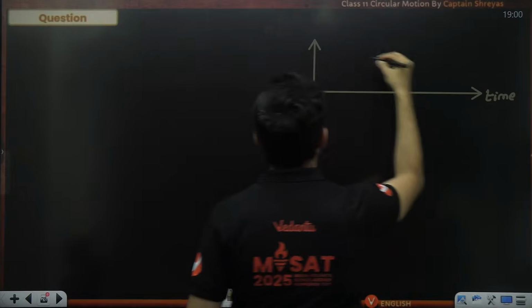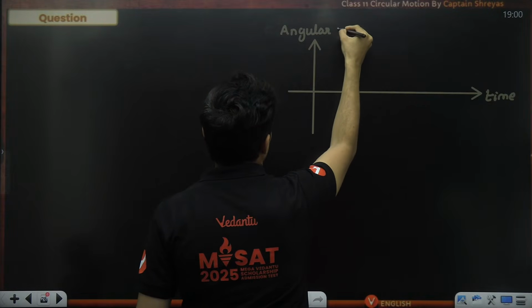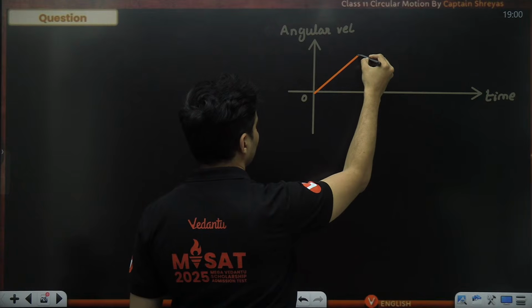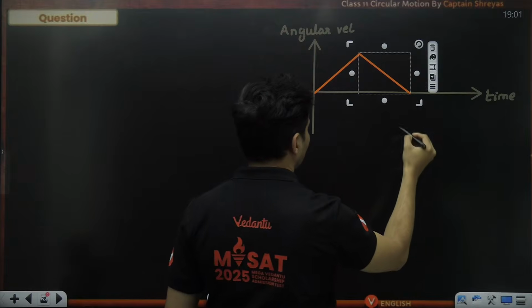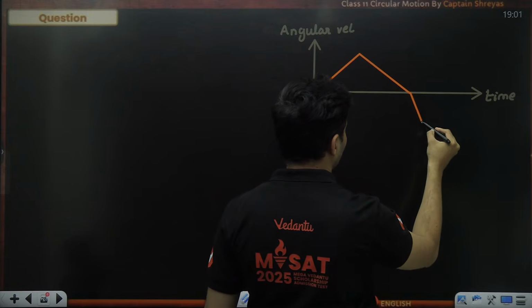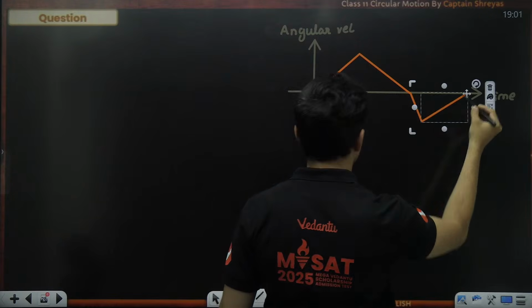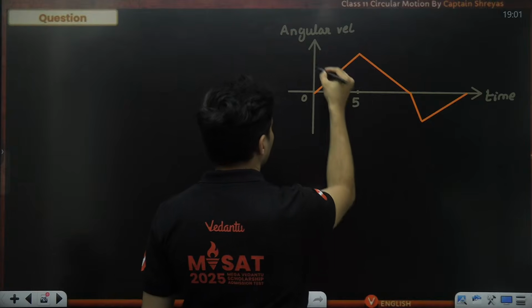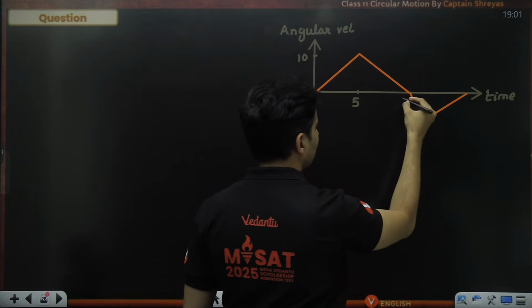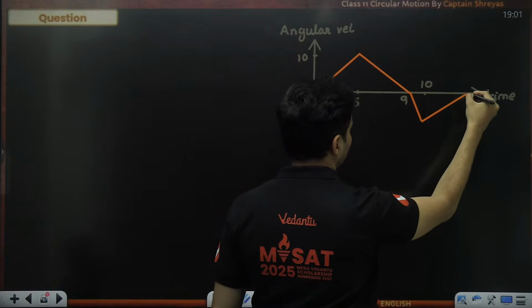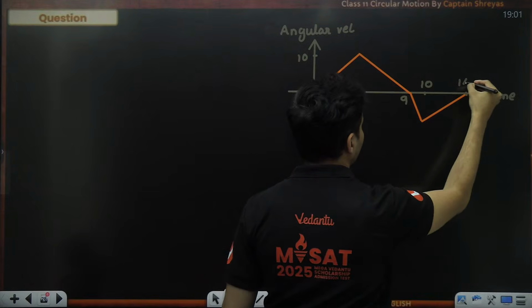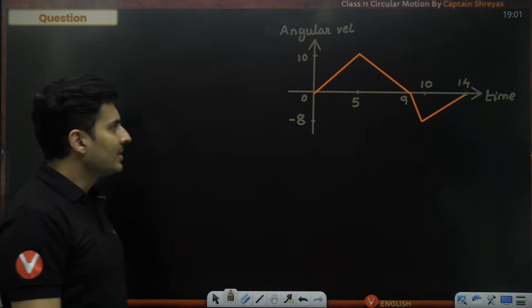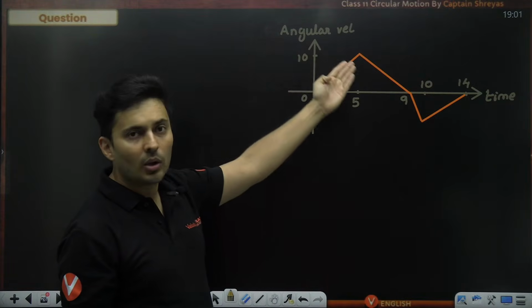This is time. This is angular velocity. Let's say some random graph is given, and it's angular velocity versus time.